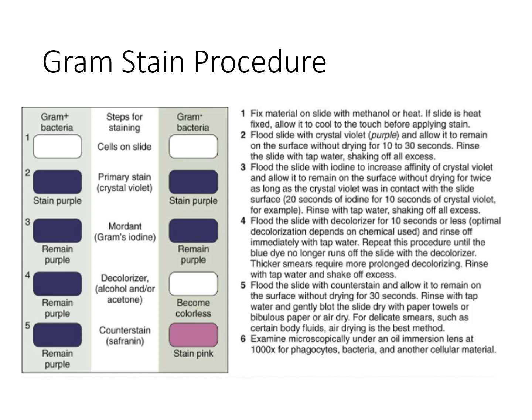Then to stain your slide, once it has cooled off if you've heat fixed it, you will flood the slide with crystal violet and let it sit for a few seconds to a minute. It will depend on the manufacturer of the reagent as to what the timing is.